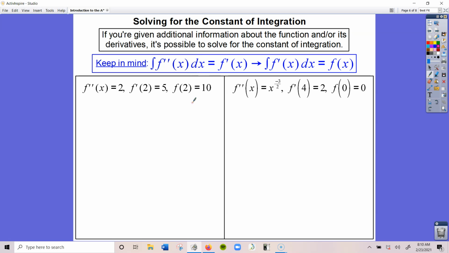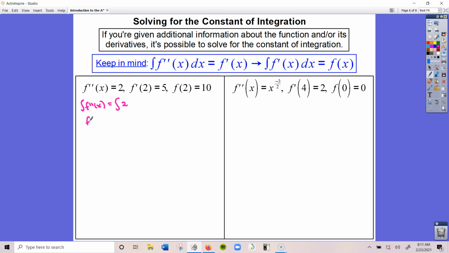So in order to get f of x, which is what we're trying to do here, we're going to first take our second derivative and integrate it so that we can get the first derivative. So we start off by integrating f double prime of x, which is equal to 2. So I'm integrating both sides of this equation.